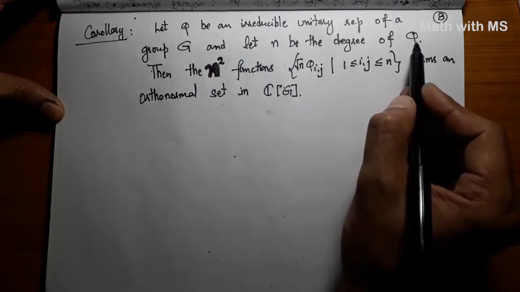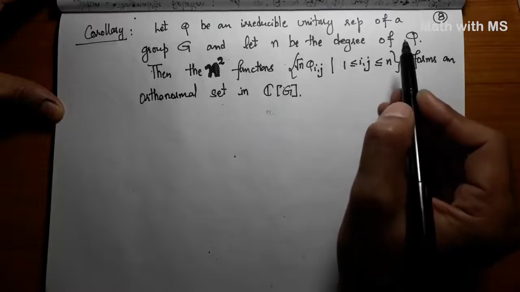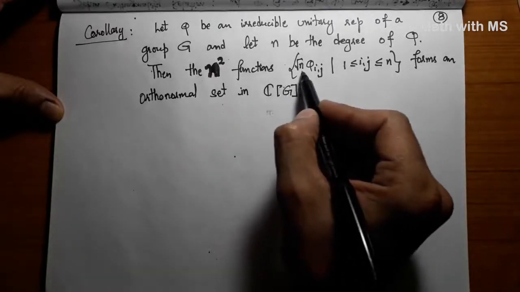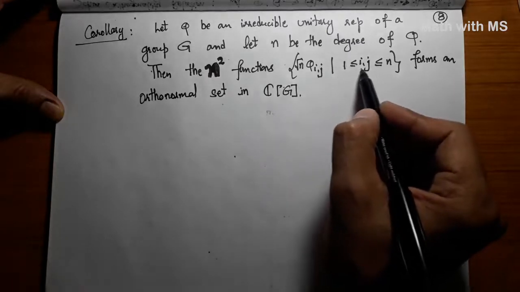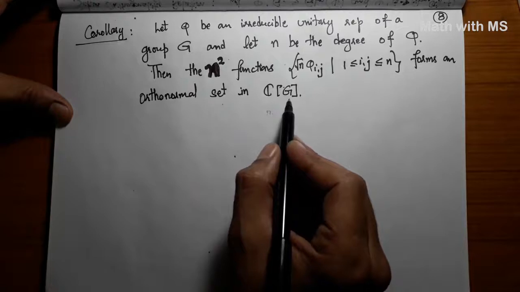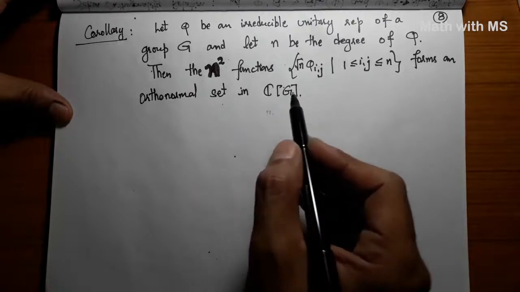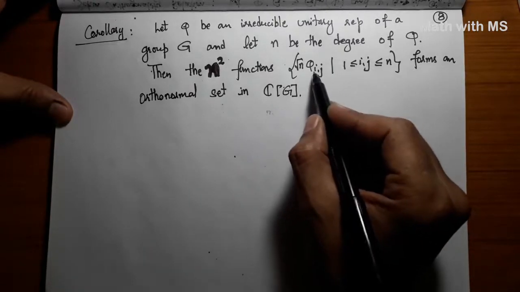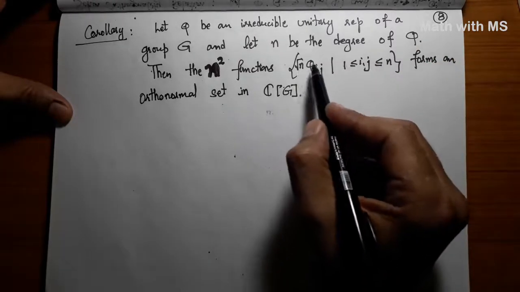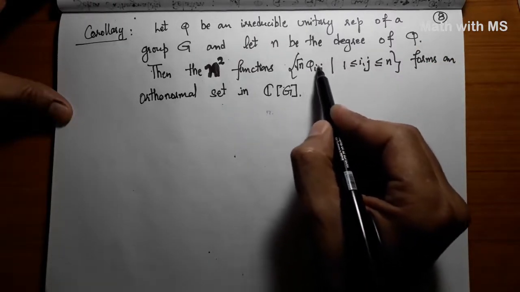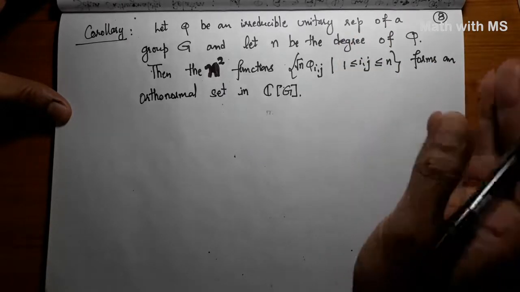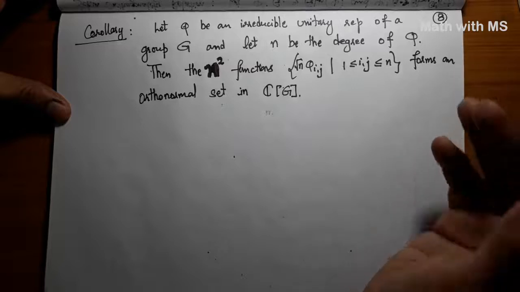Then there are these n square coordinate functions phi_ij. Then the n square functions square root of n times phi_ij, where i and j are between 1 and n, form an orthonormal set in CG. This is immediate. What we showed is that the functions phi_ij are orthonormal up to a factor of 1 by n. So if we multiply each function by square root of n, it becomes orthonormal in the normalized sense.